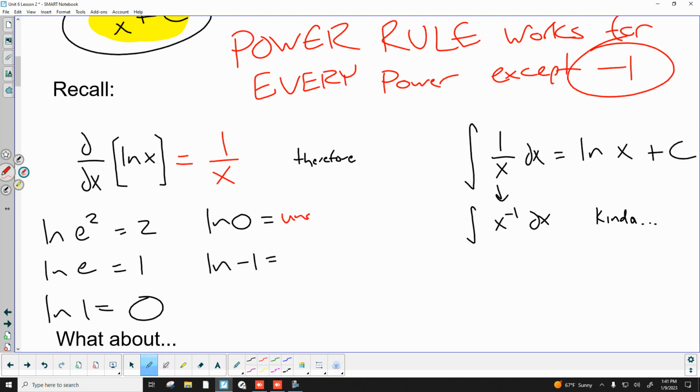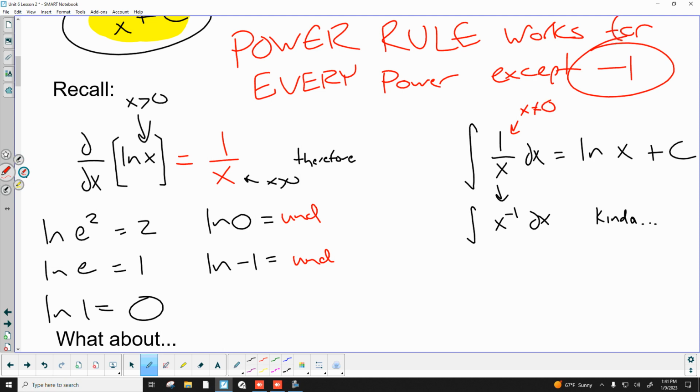This is undefined. Which means when you took the derivative of log x and you got 1 over x, and you use this as the tangent slopes of log x, you're only plugging in positive x's. Okay? So I'd only be plugging in positive x's in here. However, 1 over x, if we start with this, you could plug in any value you want, so long as you don't plug in 0.